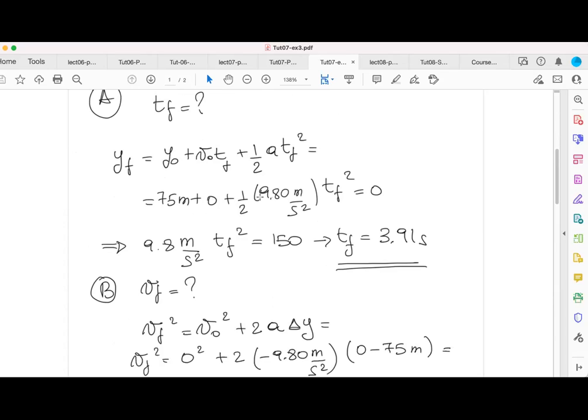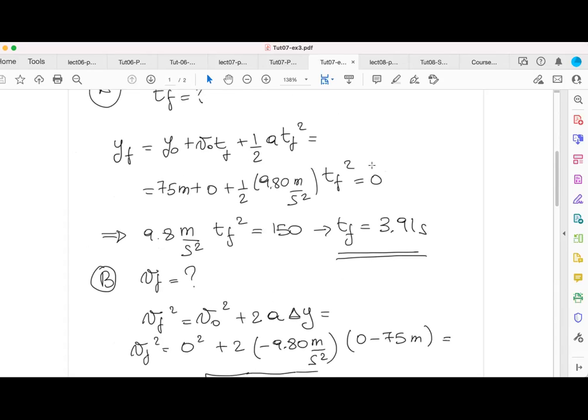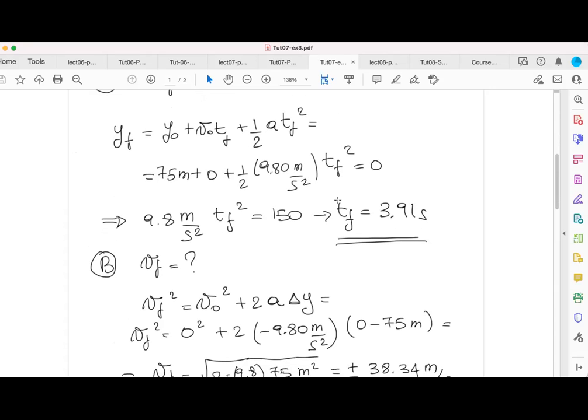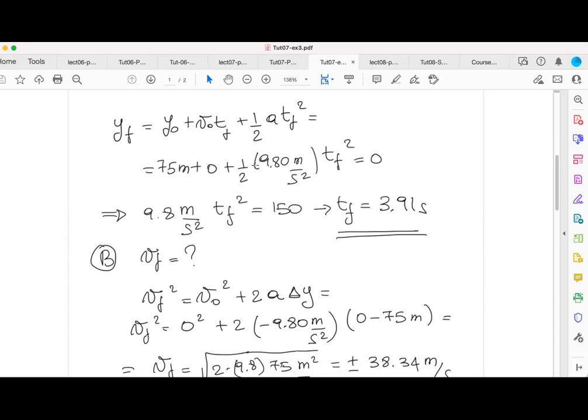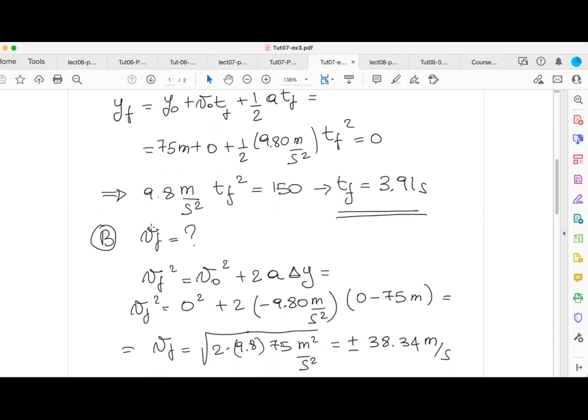When you do the calculation, you find out that y final needs to be equal to 0. So you find 9.8 meters per second squared times t squared equal to 150. That gives you t final equal to 3.91 seconds. You can redo this calculation, but the calculation should be fine. I simply forgot the minus here.